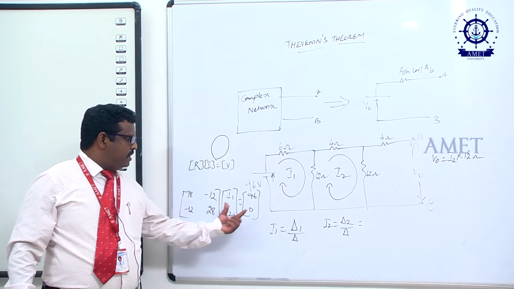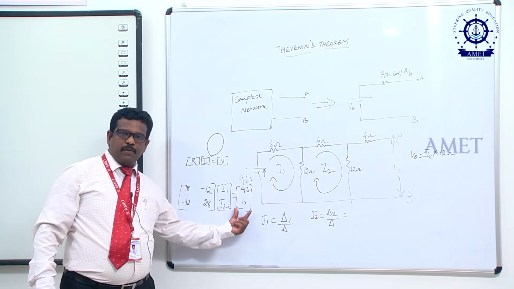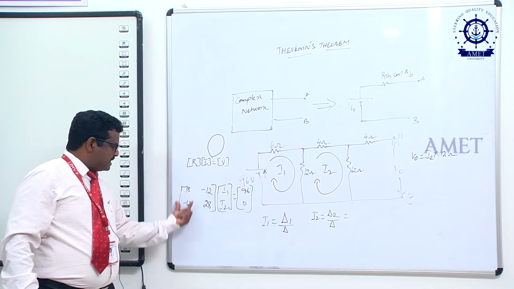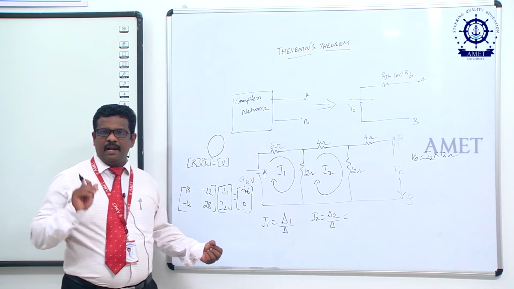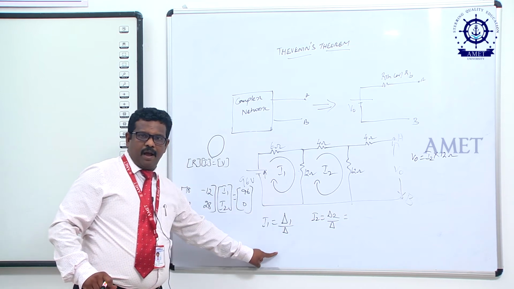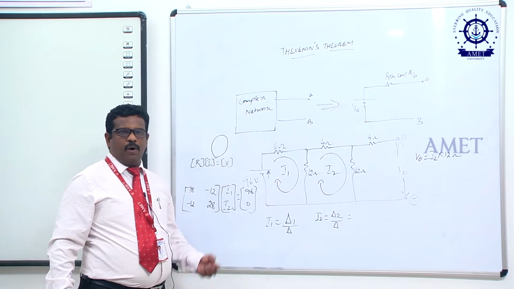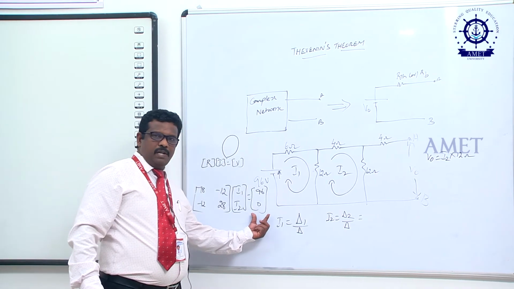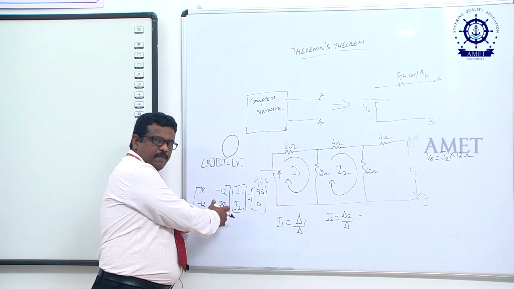Delta 1 is nothing but substitute the voltage column in the first column, then find out the determinant value, that is called the delta 1. I1 is nothing but delta 1 divided by delta. Similarly, I2 is equal to delta 2 by delta.